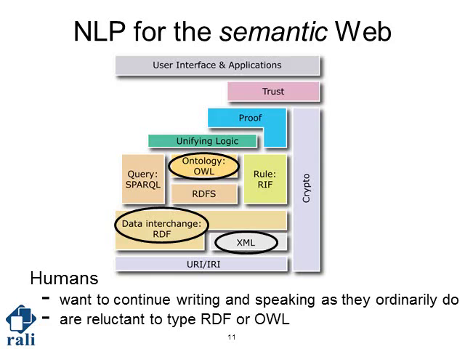If we look now at where NLP goes in the semantic web, I think you've seen this figure, this tower or pyramid, many times. You'll see that the semantic web is based on many things, but especially on XML, on RDF, and on ontologies also.